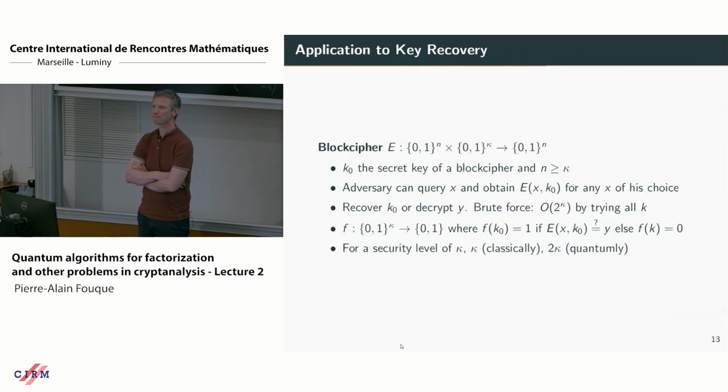Other questions for Pierre-Alain? Okay, so we have to remember that you said that by 2030 we will maybe be able to factorize. We will see, I think. I hope that maybe in the next 10 years it will happen.